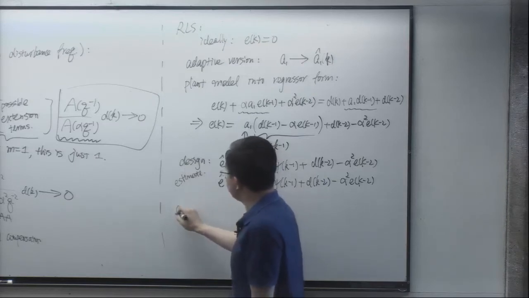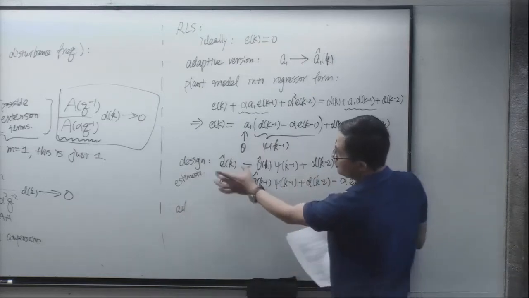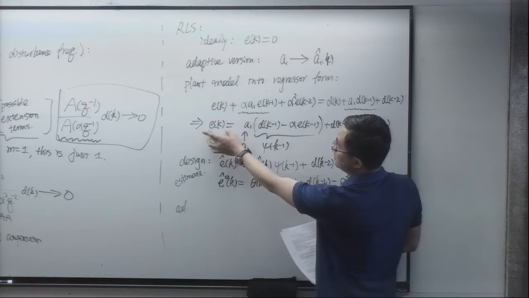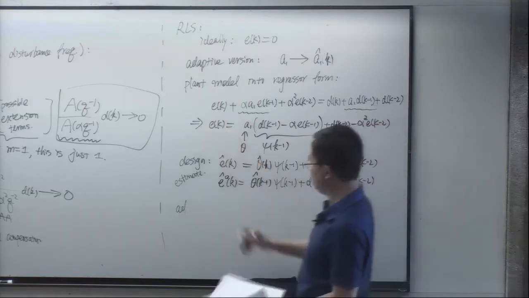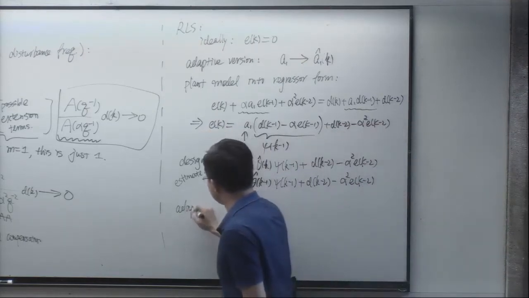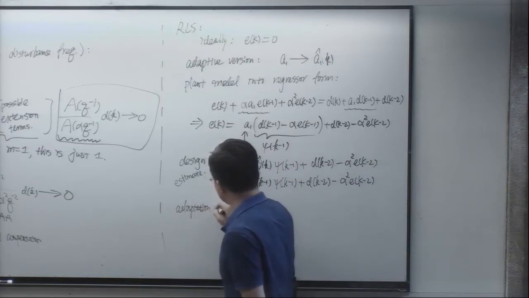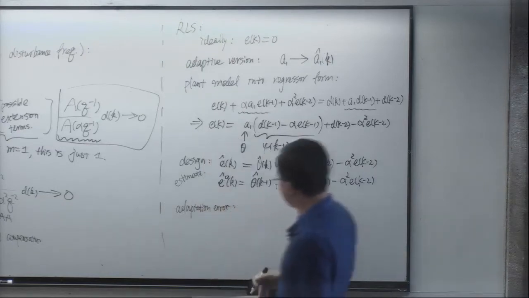All right? The adaptation error is the difference between your estimate and your assumed plant output. All right?